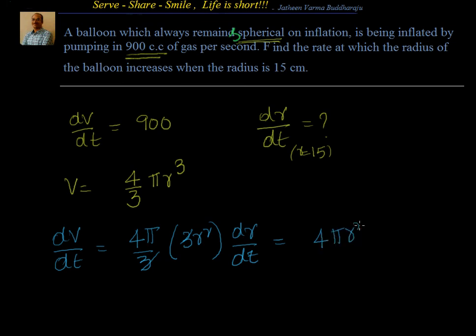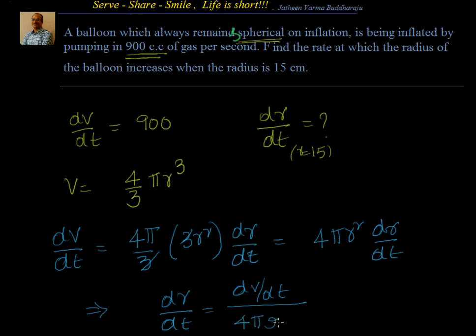You have 4 pi r square dr by dt, or dr by dt is equal to dV by dt divided by 4 pi r square.